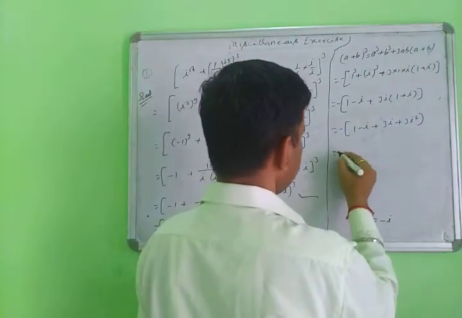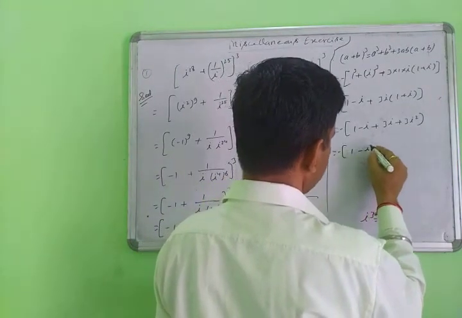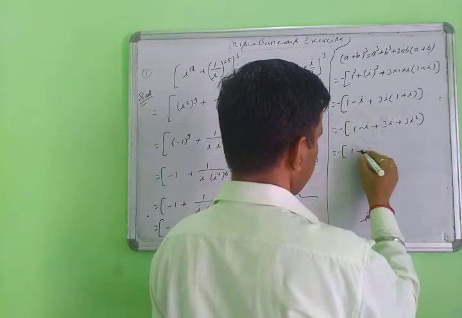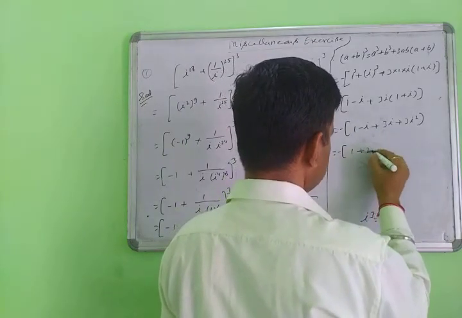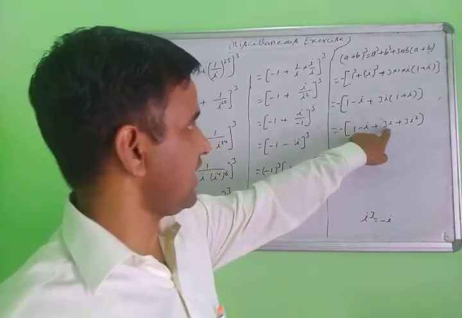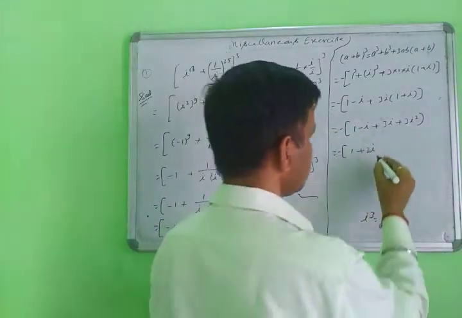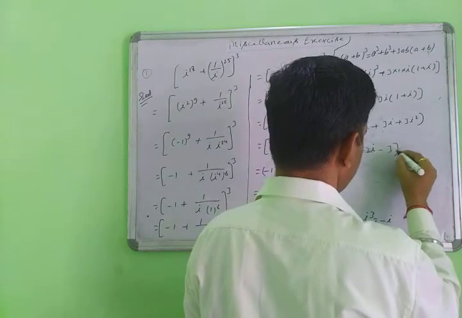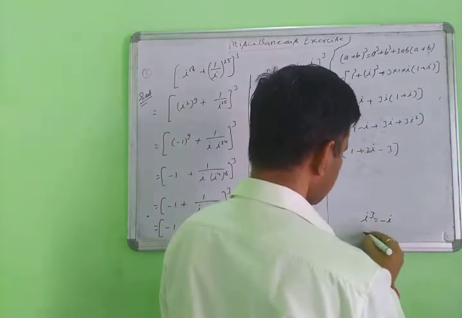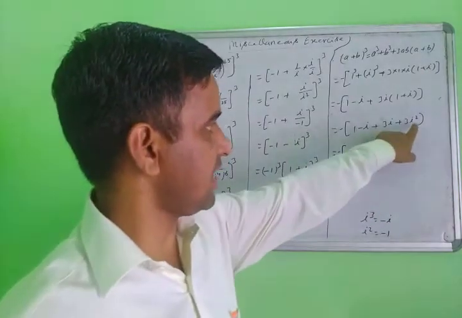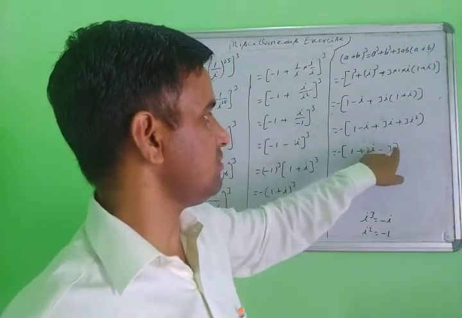What is left is minus iota. We calculate 3 iota minus 1 iota, which is plus 2 iota. The 3 iota square is converted to minus 3, because the value of iota square is minus 1, and 3 into minus 1 is minus 3.